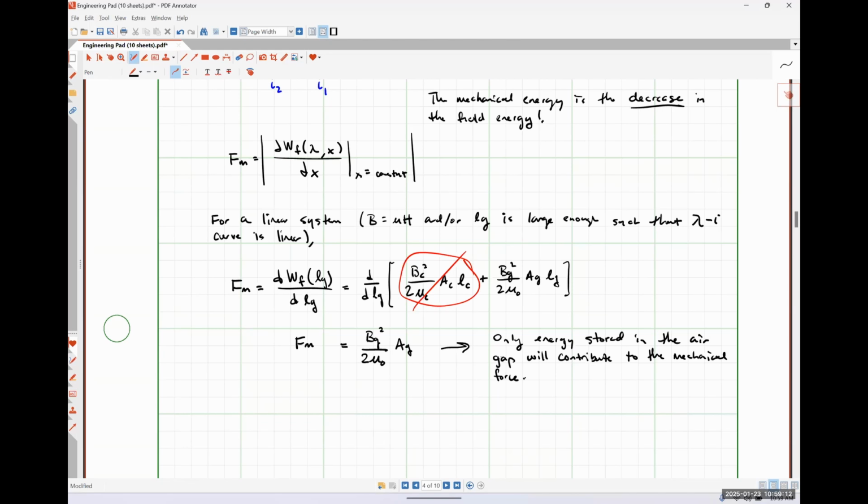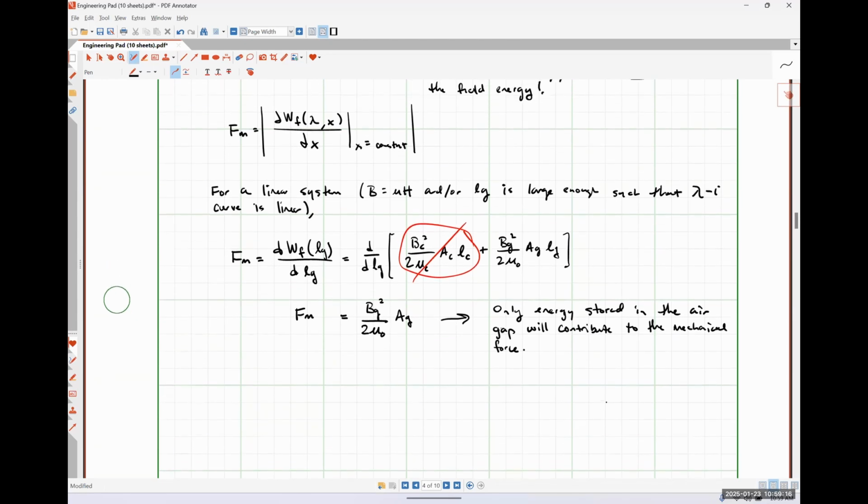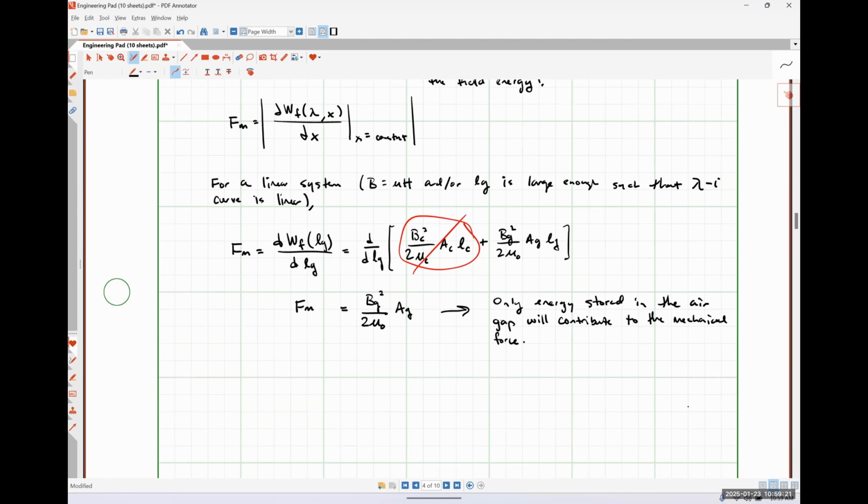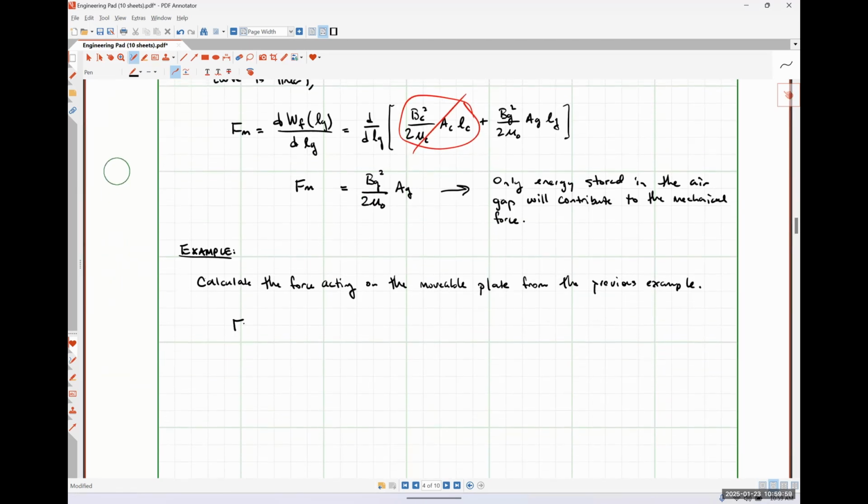So if we used our previous example and we wanted to calculate, just as a quick aside here, the force acting on the movable plate from the previous example, our force would be Fm equal to Bg squared over twice mu naught times Ag, just throwing in numbers here.